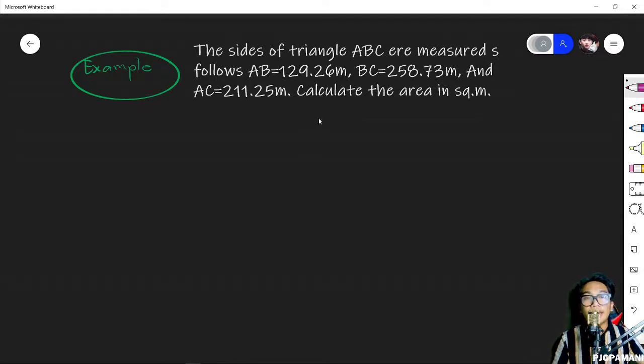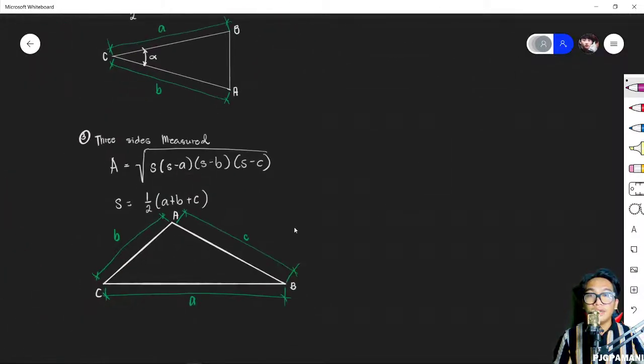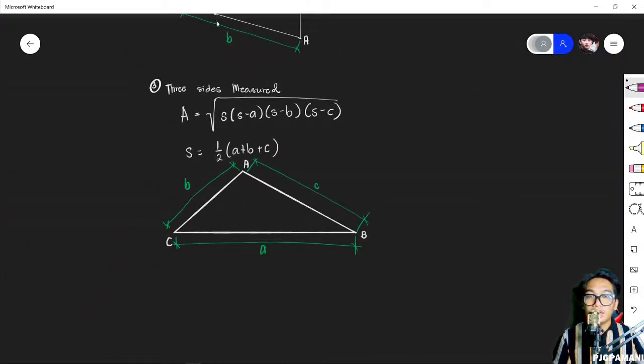We are asked to calculate the area in square meters. Take note, the three sides of the triangle are known. So what formula will we use? That is basically the third area computation of a triangle, which is this one.